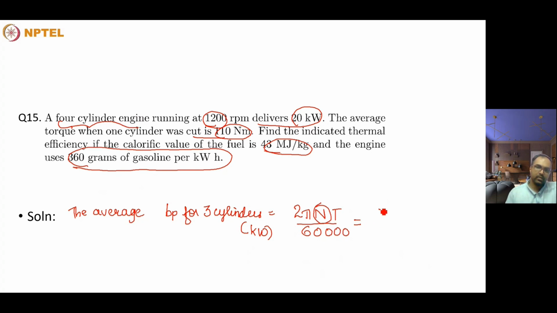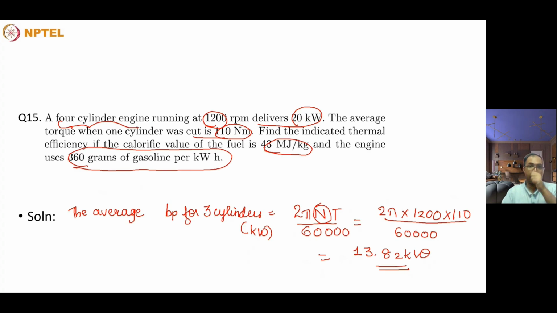So 2 pi into 1200 multiplied by torque, which is given as 110 Newton meter, divided by 60,000. So it's coming around 13.82 kilowatt.